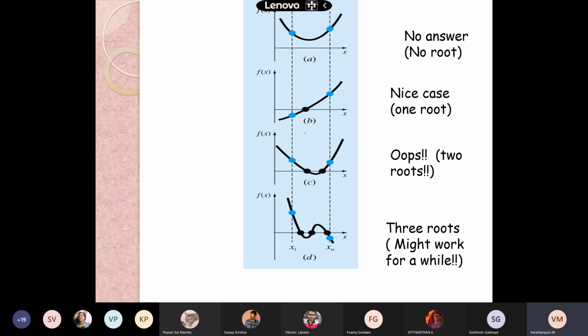And see, in chart C, this curve has two roots, and in this particular case, D, there are three roots. For this we need to have boundaries, that would be either xl and xu.